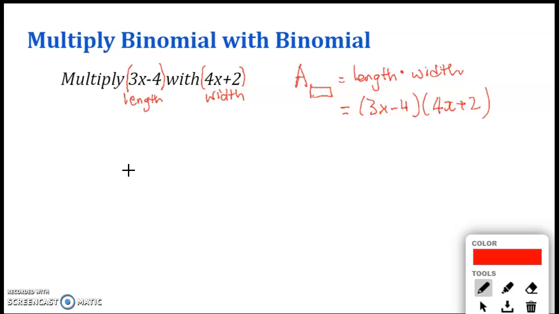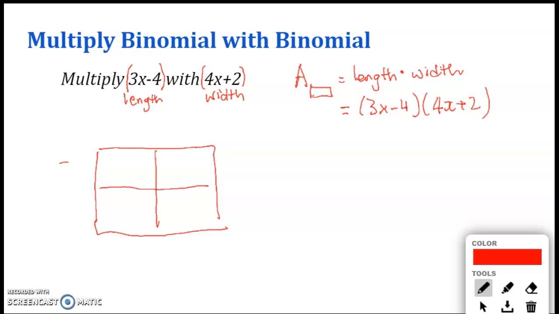And if you recall, since we are multiplying a two-term binomial with another two-term binomial, this will be a 2 by 2 box. Sometimes you call it the box method, or area model. Either would work. The length is 3x minus 4.